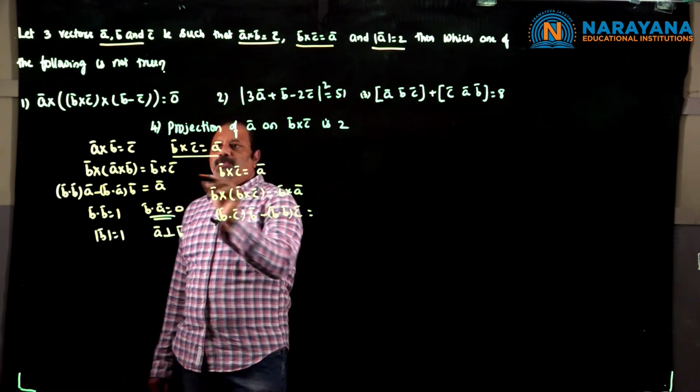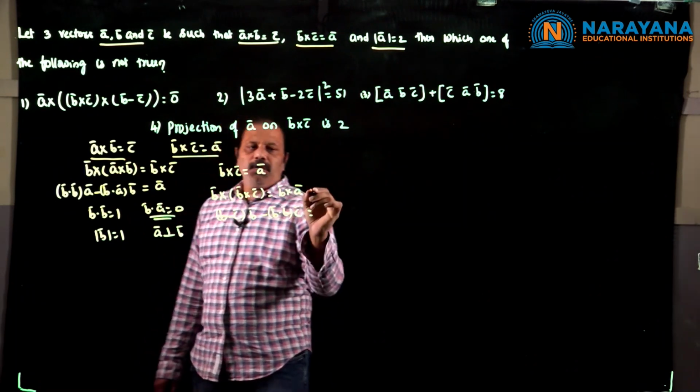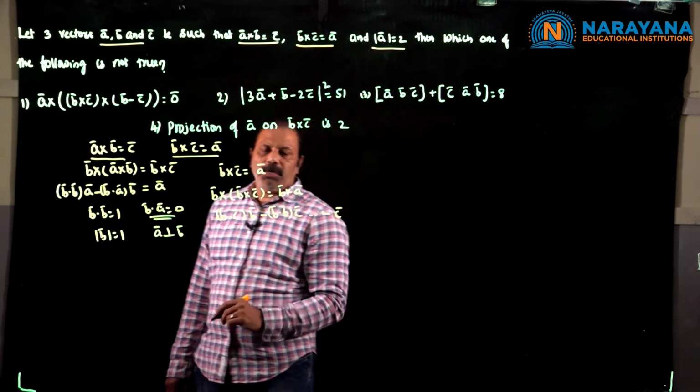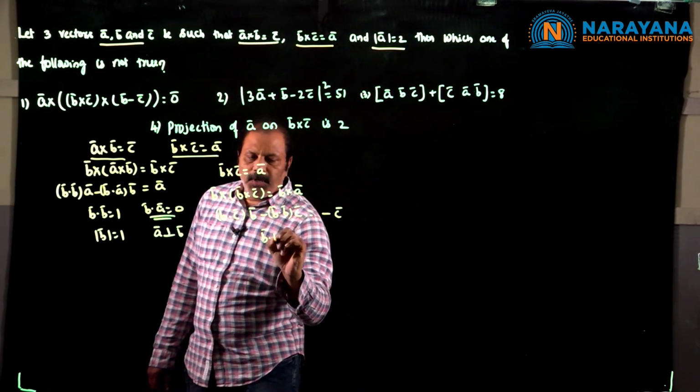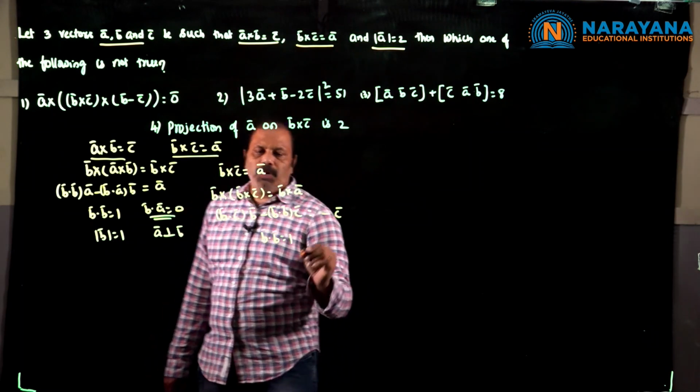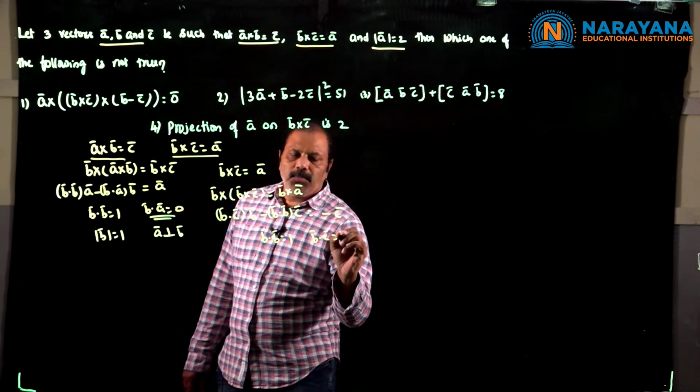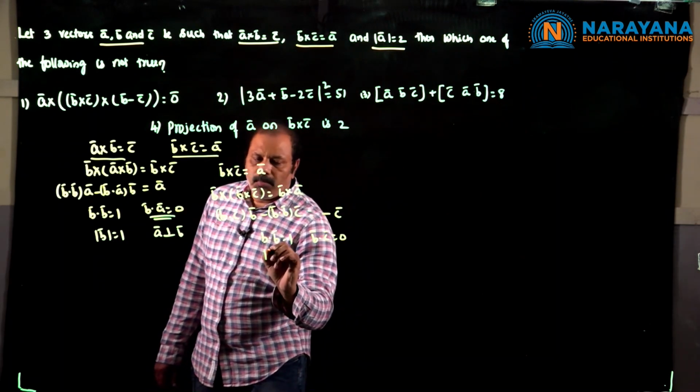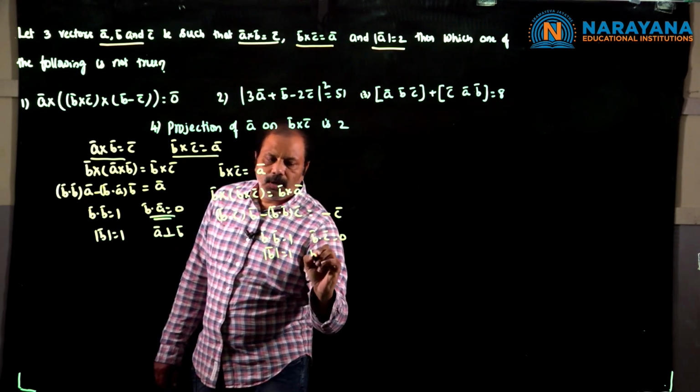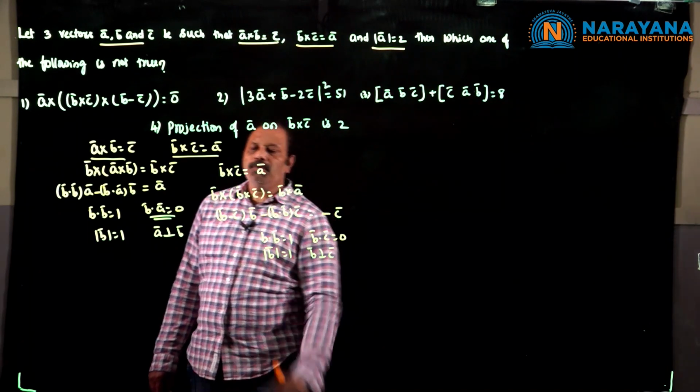What is a bar cross b bar? It is c bar. So b bar cross a bar will become minus c bar. From this, b bar dot b bar is equal to 1 and b bar dot c bar is equal to 0. Mod b bar is equal to 1 and b bar is perpendicular to c bar.